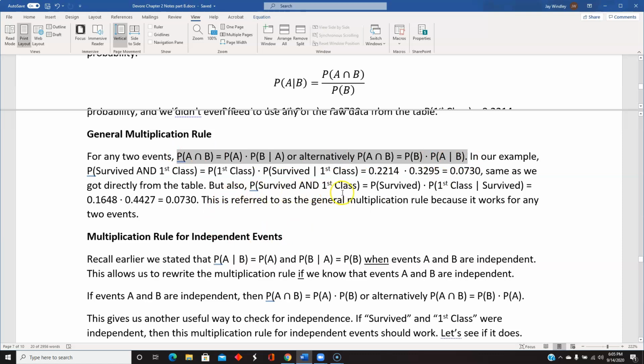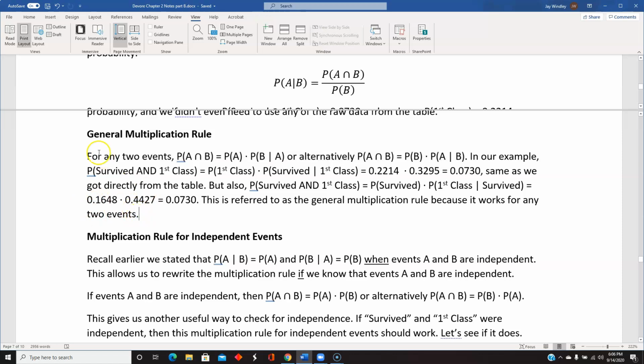You could also say survived and first class is the probability of survived times the probability of first class given that you survived. This is a completely separate multiplication problem, yet the two result in the exact same answer. So this multiplication rule works both ways: probability of A times B given A, or the probability of B times A given B.